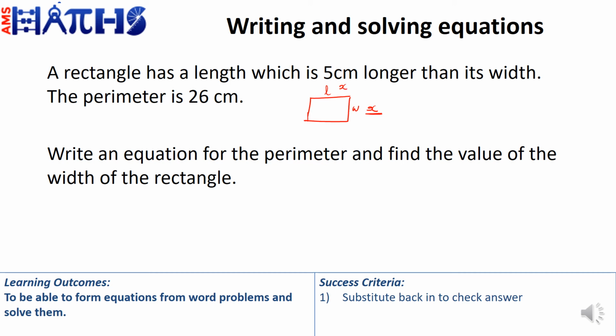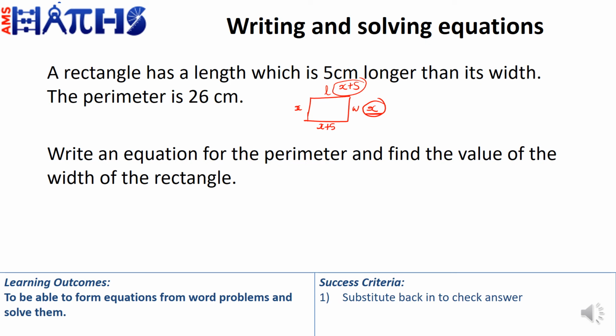All right, and so if our length is 5 centimeters longer, it means that the length is going to be x plus 5. So here are our lengths that we need, and it says the perimeter is 26, so that means we need to include the opposite sides of both length and width.